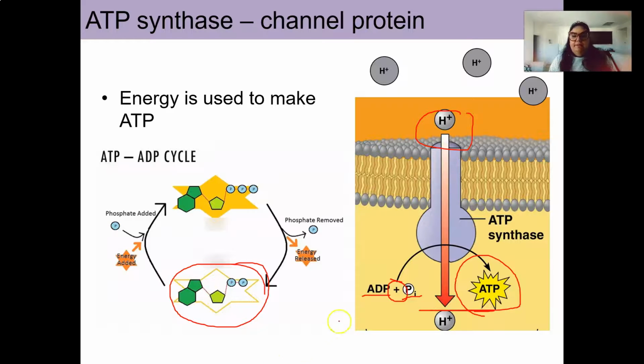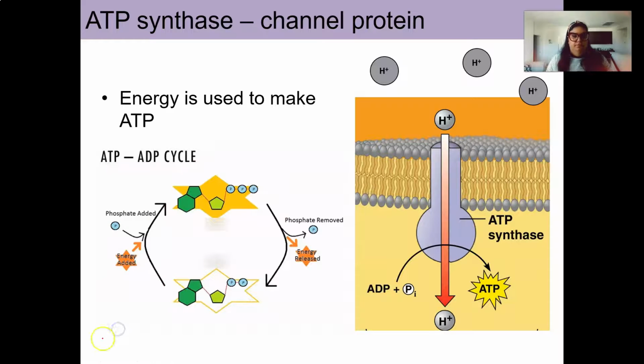And then it floats around and it comes back to the electron transport chain, and it gets recharged, and it adds the final phosphate back on it. So then it can get moved back out into the cell and used for energy again. Make sense?